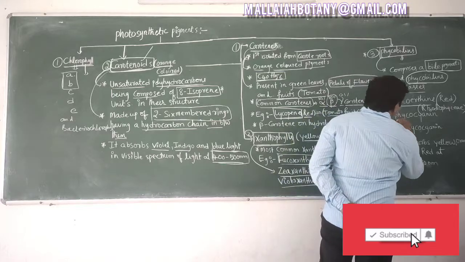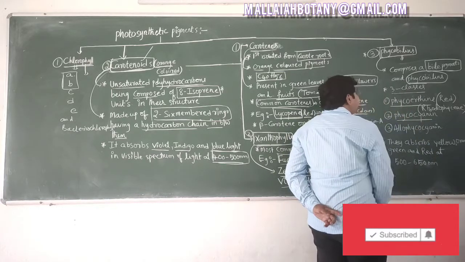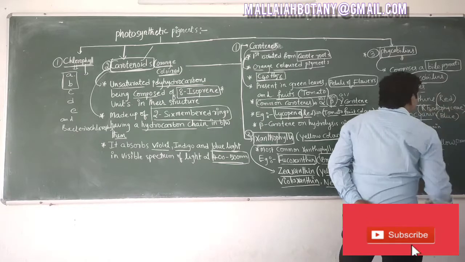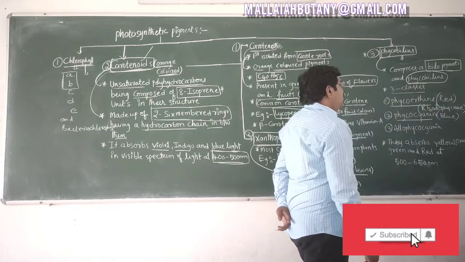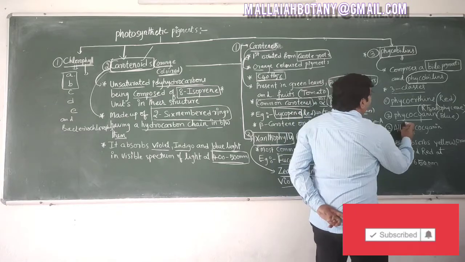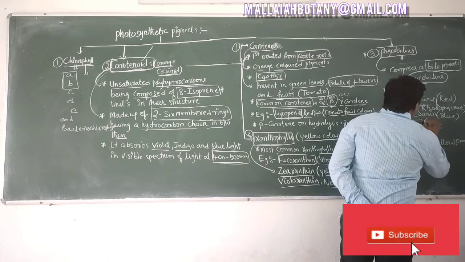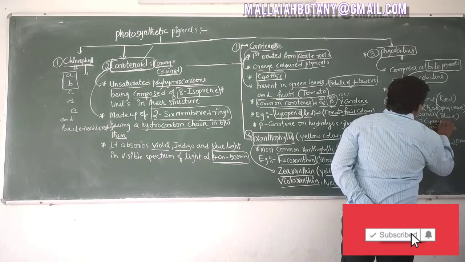Next, the second class of the phycobilins is phycocyanin. Phycocyanin is a blue colored pigment. This type of phycobilin is present in Cyanophyceae members.